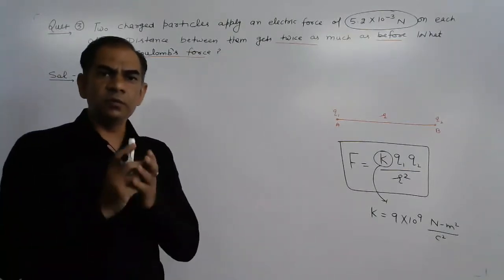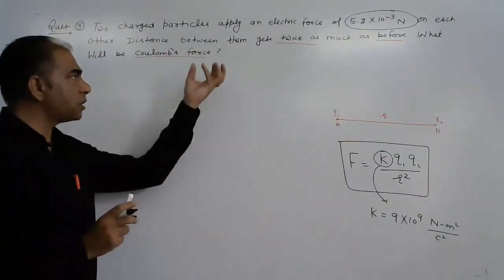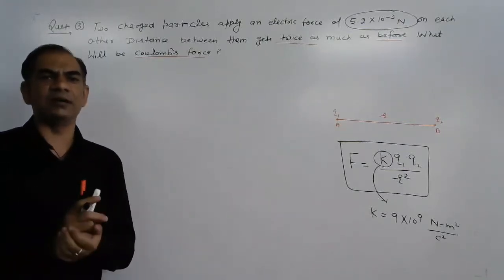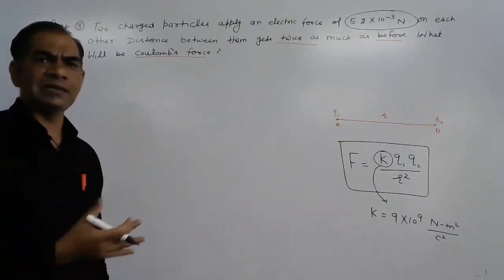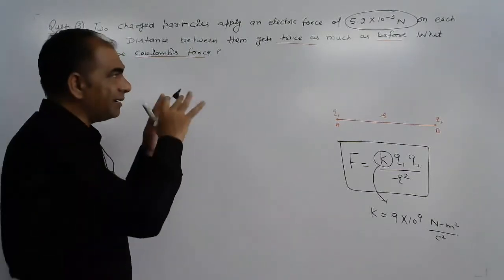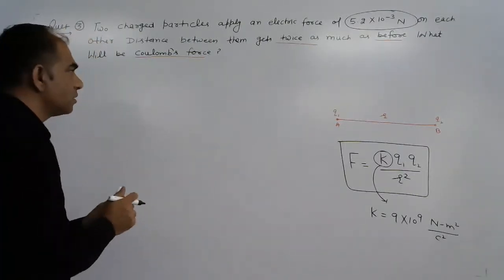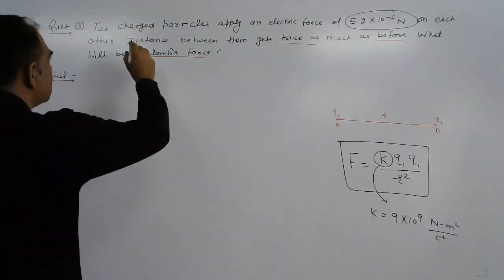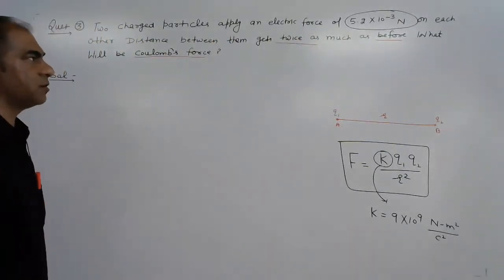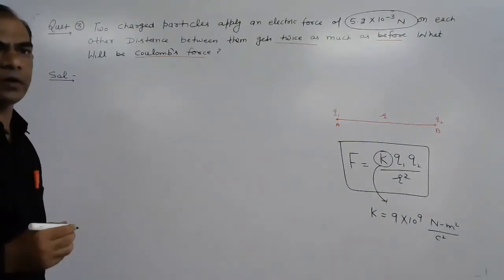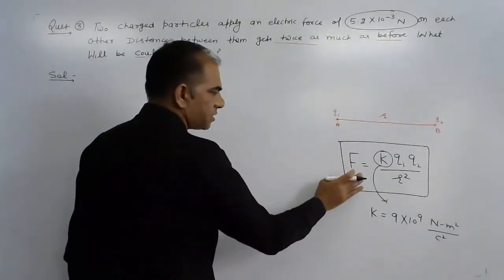First, you must read the question two or three times and pick out the important keywords. If you select the keywords, then you can easily imagine the picture in your mind, and after that you can easily solve it. So the given question is: the charged particles apply an electrostatic force of 5.2 × 10^-3 Newton, and the distance is r.